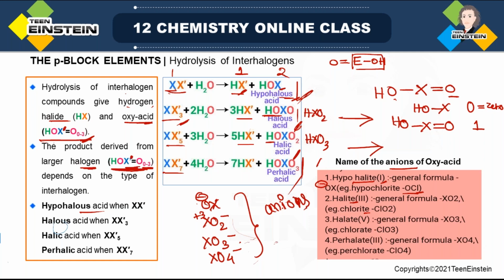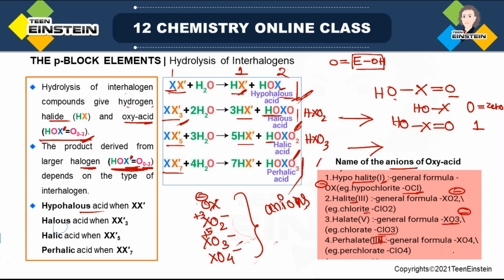For the next type, XO3 minus, it is halate, oxidation state +5. Here negative charges are not mentioned, but the negative charge will be there. And chlorate is the example. And the last one, perhalate, at oxidation state +7.